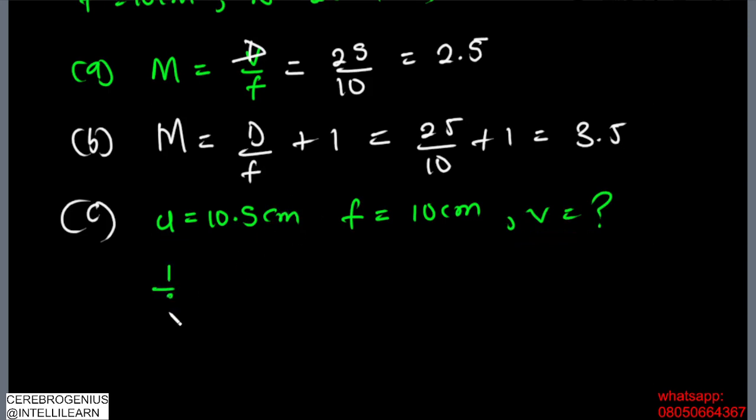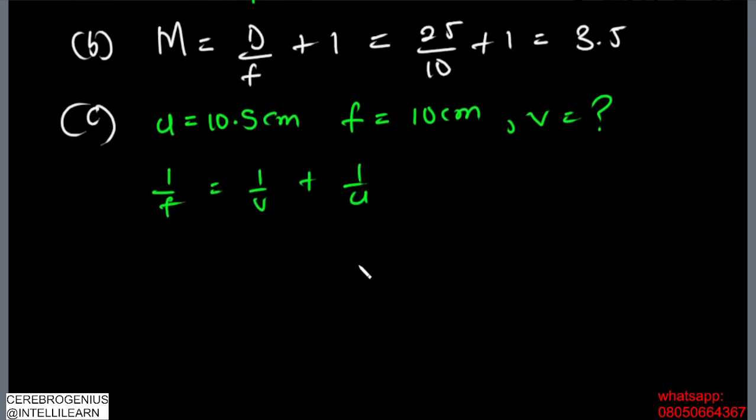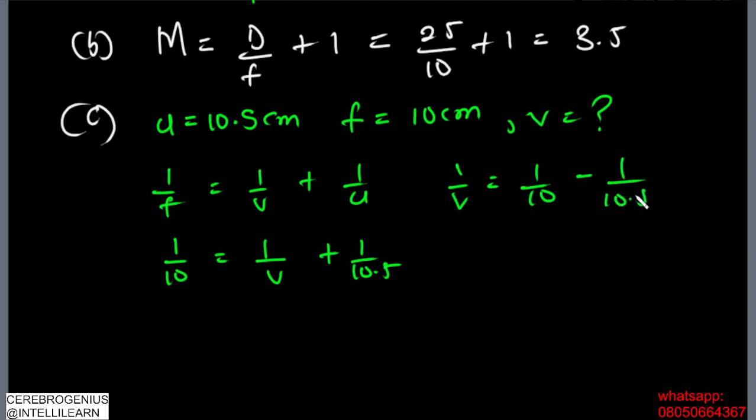So we are going to say 1 over F is 1 over V plus 1 over U, and this is 1 over 10 equal to 1 over V plus 1 over 10.5. Now if you do this, you get 1 over V equals 1 over 10 minus 1 over 10.5.